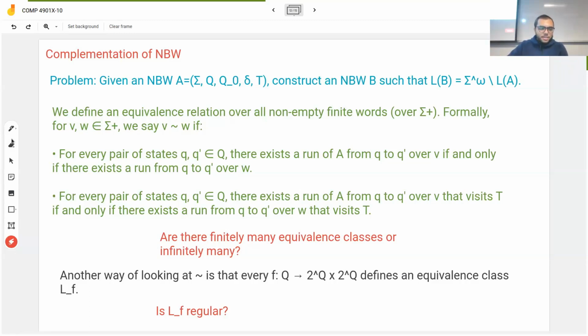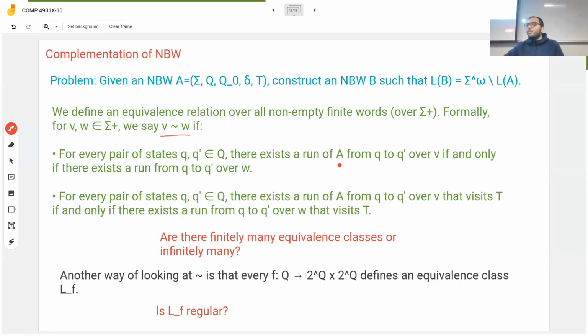So based on that intuition, here's the formal definition. I say that V is equivalent to W if these two conditions hold. The first condition is that if there were a pair of states Q and Q prime in my automaton, such that I could go from Q to Q prime using the word V, I should be able to go between the same pair from Q to Q prime using the word W.